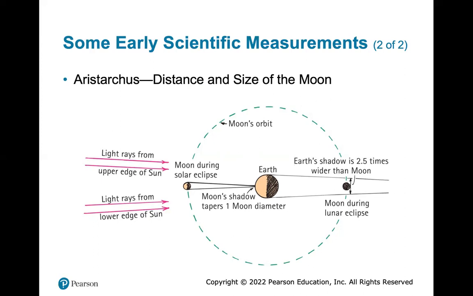We won't go much into that, but Aristarchus used very ingenious methods to measure these. The light rays from the sun are not exactly parallel because of its size. It's so large compared to the Earth and the moon both.